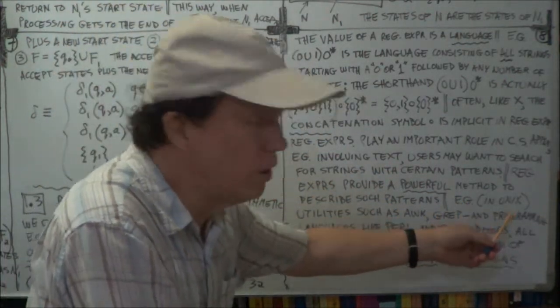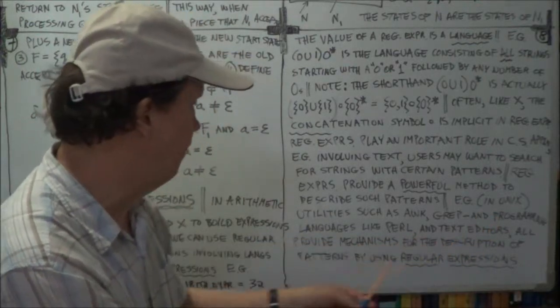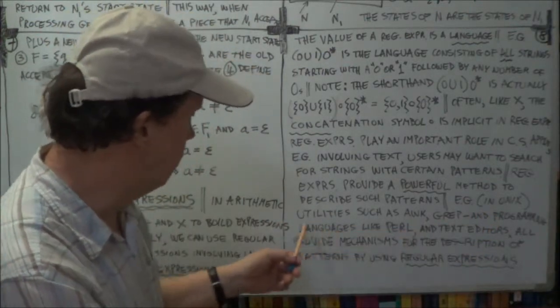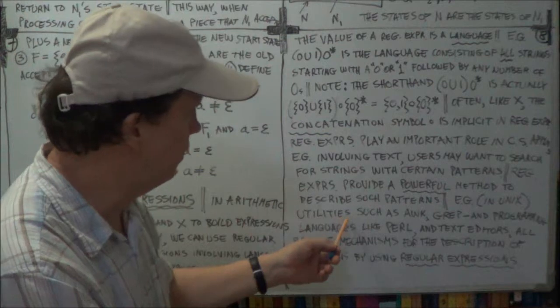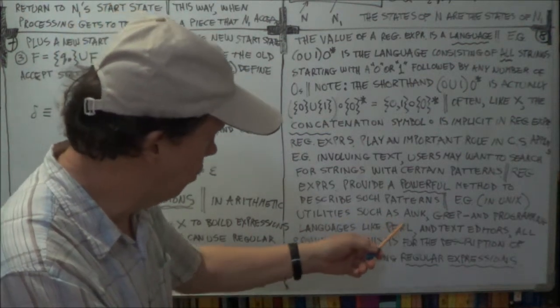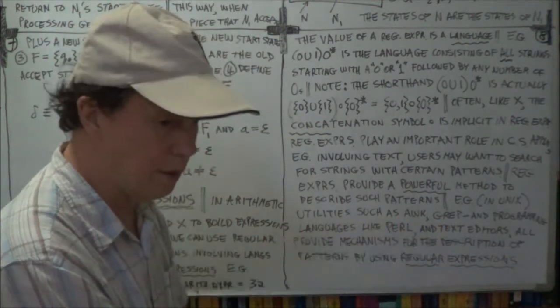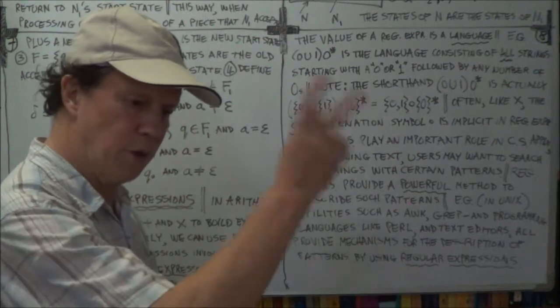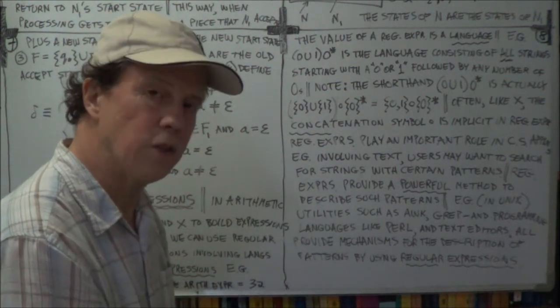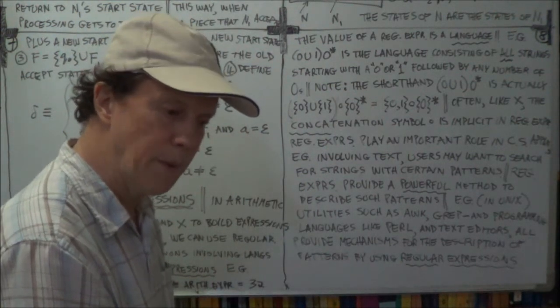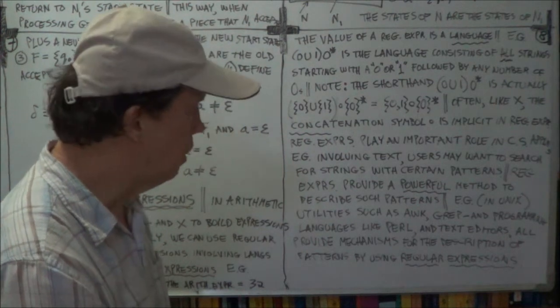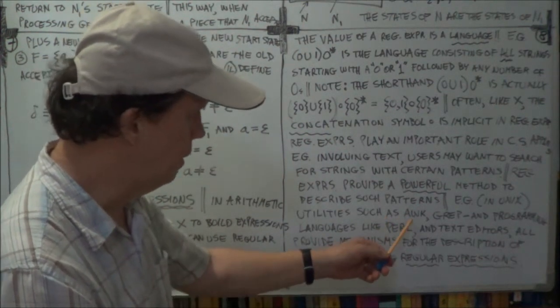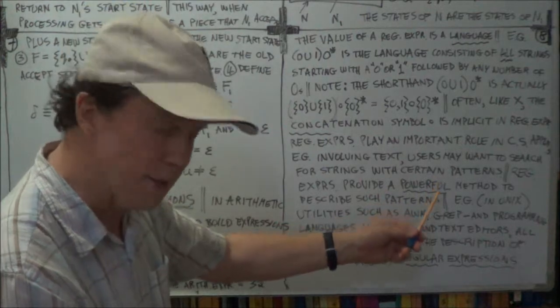For example, if you know Unix, there are programs or utilities, tools, for example called awk and grep, and they're search functions looking for certain strings with certain properties, and you can specify those properties using regular expressions.